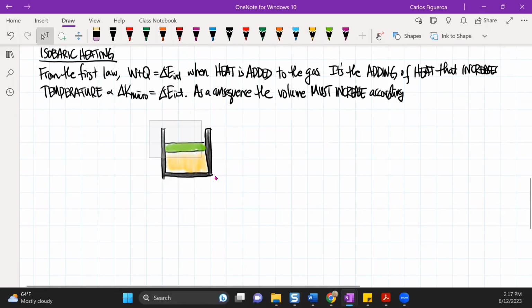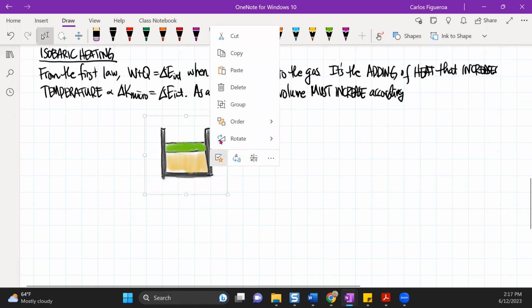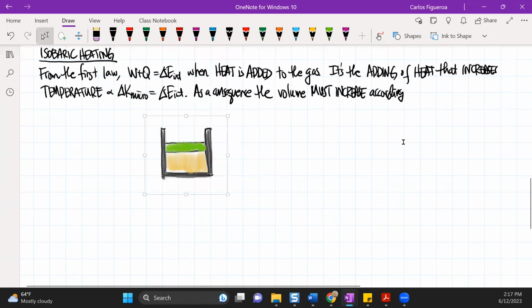So what I'm going to do here is, if I'm going to transfer heat into the system, that means I have to have a heat source. So this guy is a heat source. And what that means here is that now heat is being transferred into the gas.